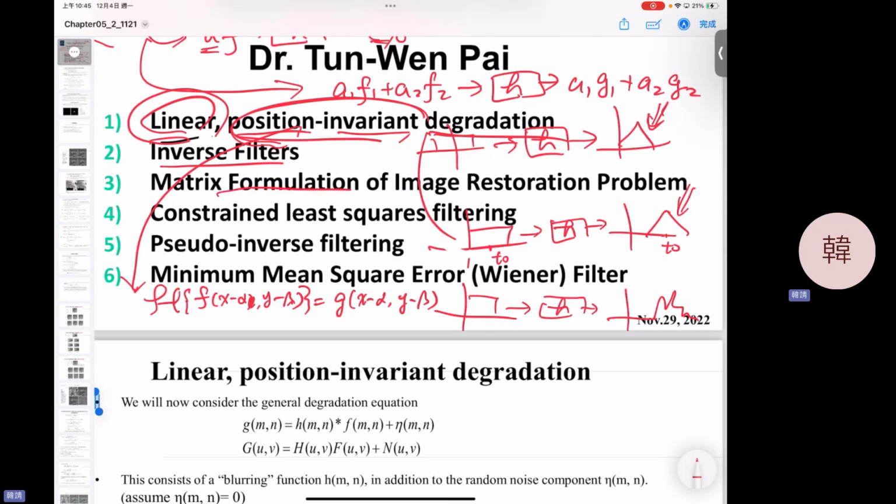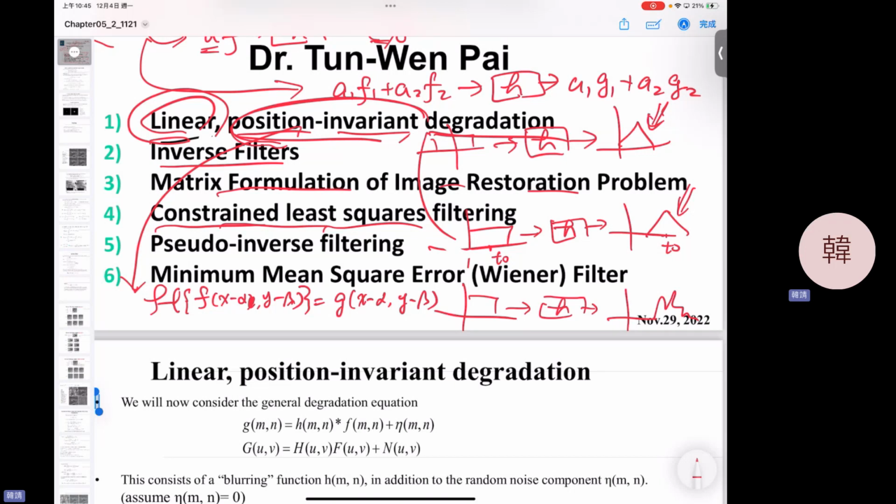And the matrix formulation of the image restoration problem, we are going to discuss that one, and tell you what constrained least square filtering is. So we say we are going to have some constraint limitation and try to optimize, for example, like a Wiener filter and parametric Wiener filter. How can we find the suitable one, like the previous one we just demonstrated for the optimal notch pass filter?